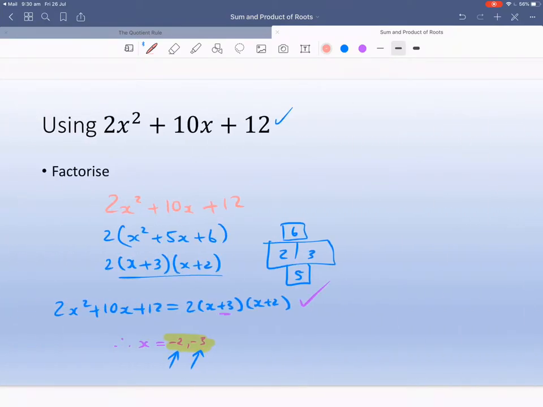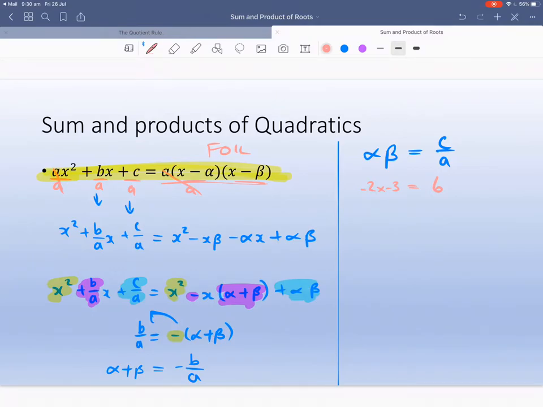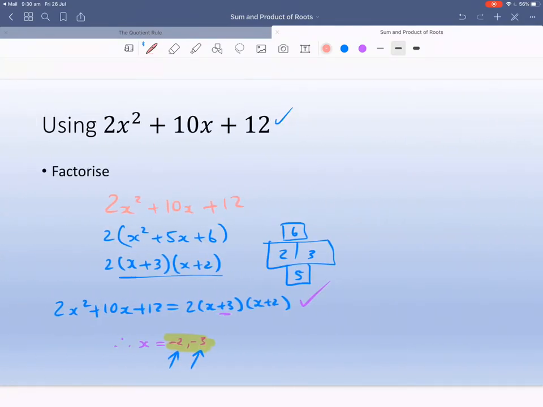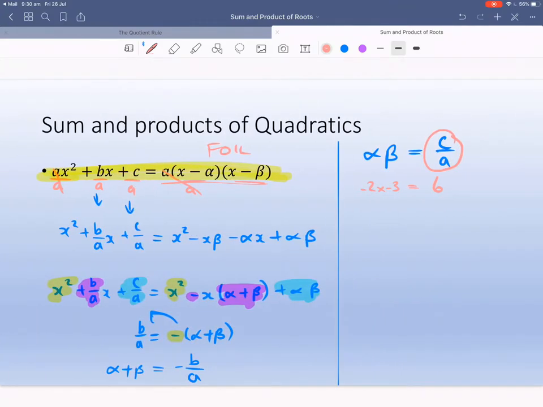Now, what did it say the formula for alpha times beta is? C over A. In this question, C was 12, A was 2. What's 12 divided by 2? It's 6. And the same thing works out for this one here, all right? Now, this you'll be given in the formula sheet, so you can use it time and time again.